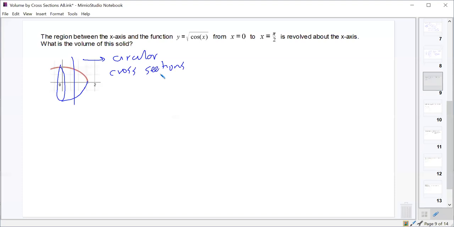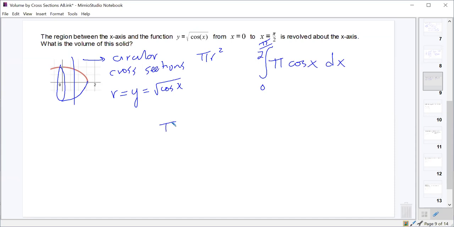So what is the radius of one of those cross sections? It's the distance from the x-axis to the function, which is y. And since they're circular cross sections, we want pi r squared, which should be pi times cosine x. They have a thickness of dx, and we'll integrate from 0 to pi over 2. Does that make sense? Everyone feels good about that?